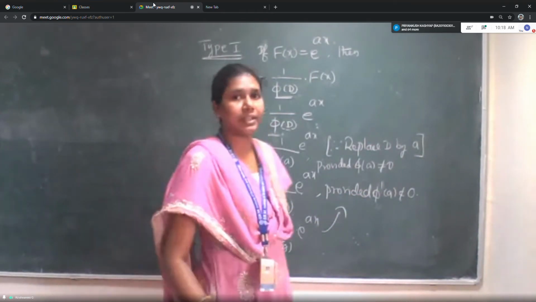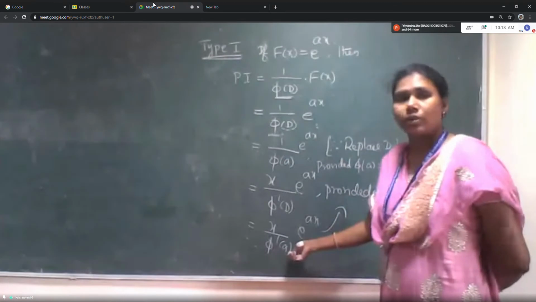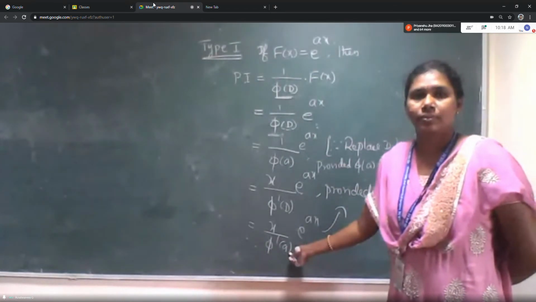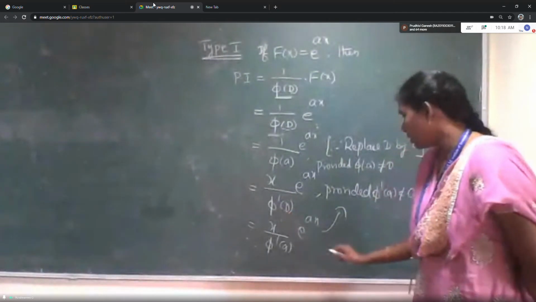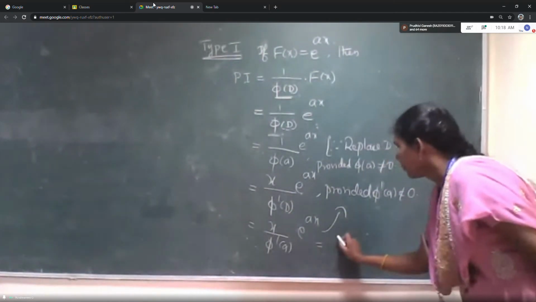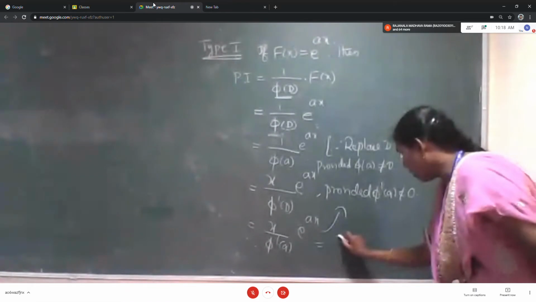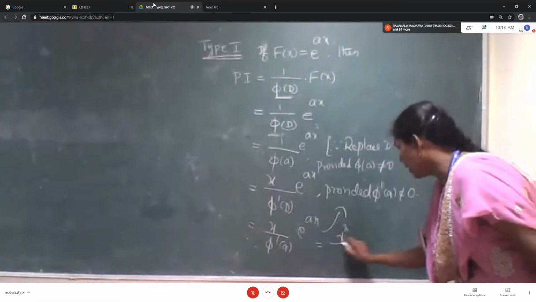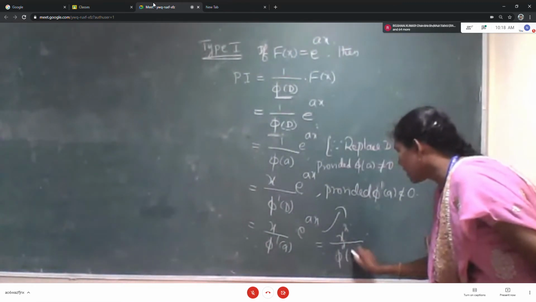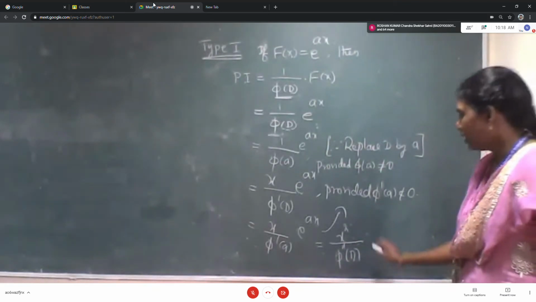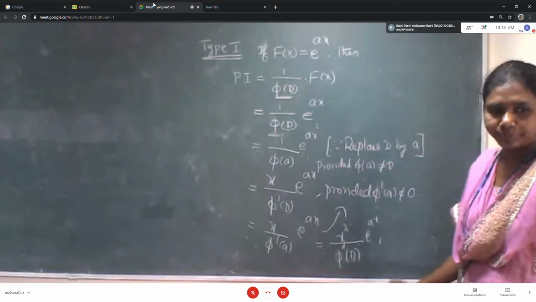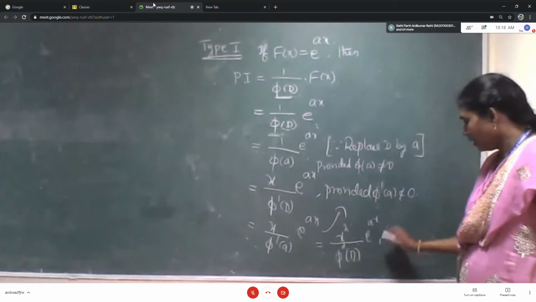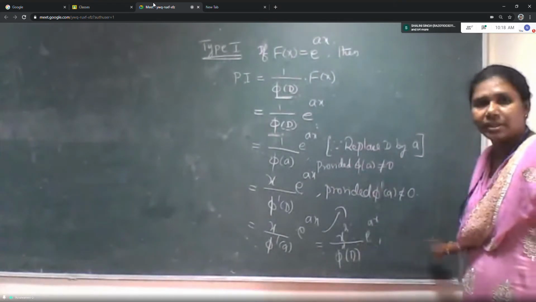In case again I am getting 0 in the denominator, differentiate once again with respect to D. What will come? Phi double dash. Take one more x and multiply in the numerator: x square by phi double dash of D into e power ax. Again you replace D by a, and you will get the answer.